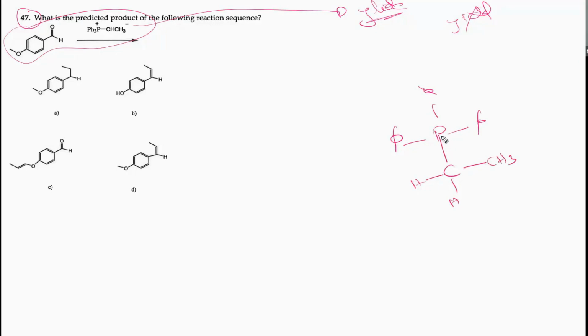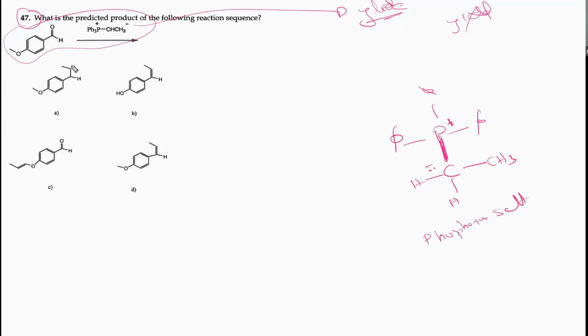Even though this bond is considered to be a single bond, this carbon actually has a lot of negative charge to it. That's essentially what I'm trying to say. And the phosphorus here has a positive charge. So even though we see a formal bond, it is pretty much like a Grignard. There's a lot of carbon with a negative charge here. And this is what a phosphonium salt is, because it has a phosphorus with a positive charge.